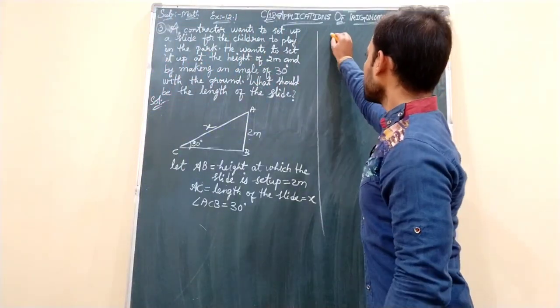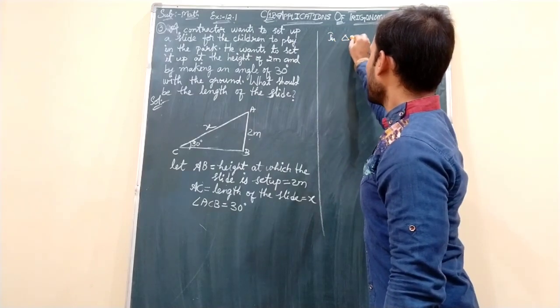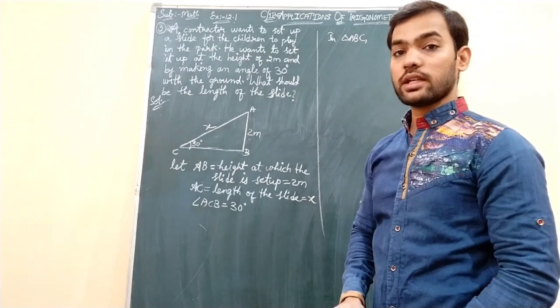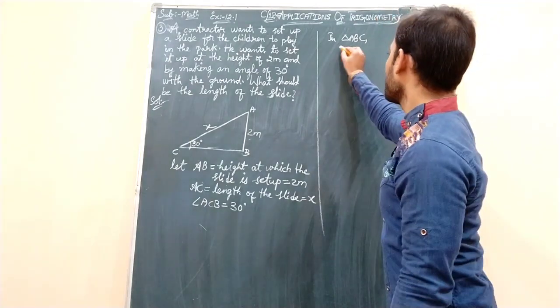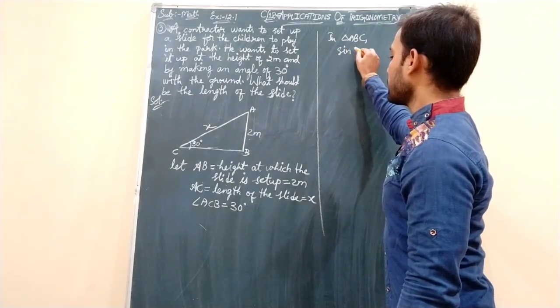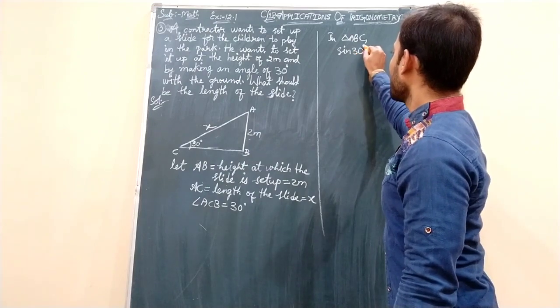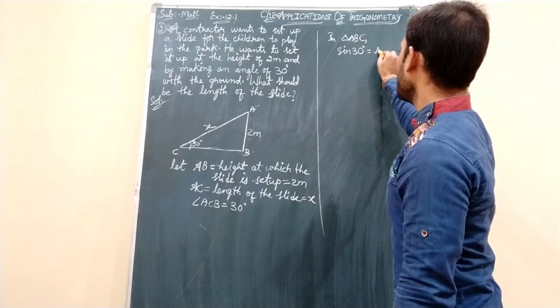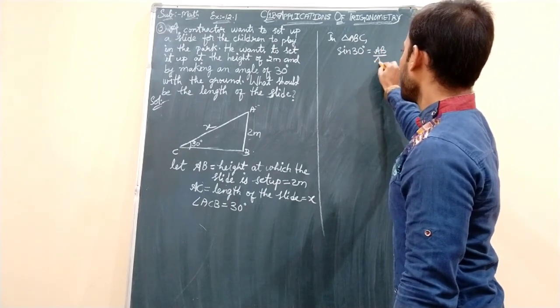In triangle ABC, I am going to take which ratio? Sine ratio. Okay, sine theta, which is nothing but sine 30 degree, is opposite by hypotenuse, AB divided by AC.